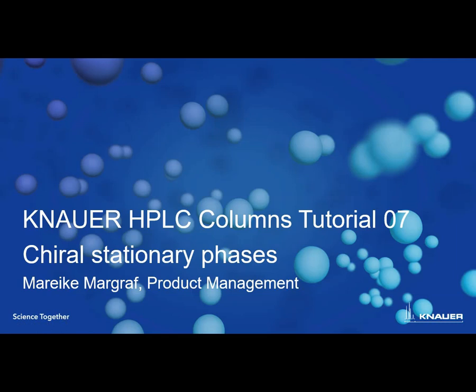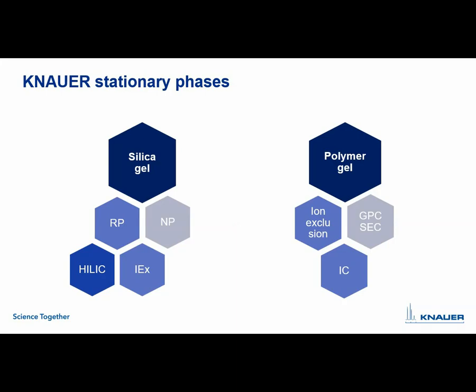So maybe you already watched some other KNAUER HPLC column tutorials and you're familiar with this little chart explaining the difference between the silica gel and the polymer gel based columns that KNAUER can offer. And when we are talking about chiral stationary phases, or CSPs as they can be called, they can be ordered here.